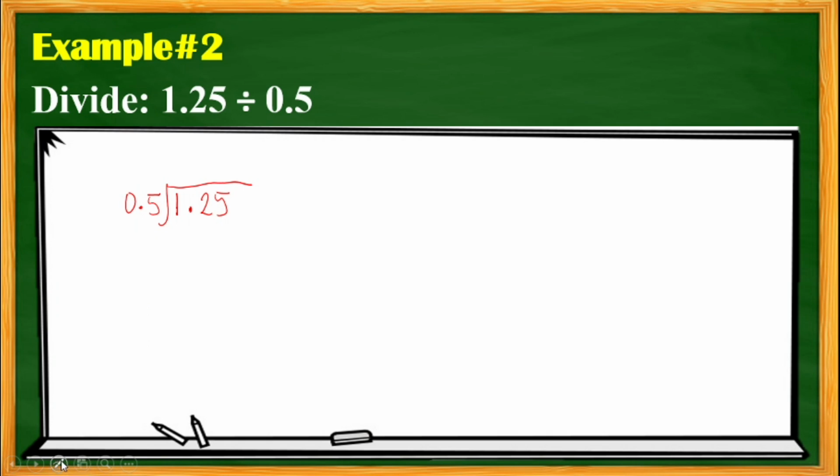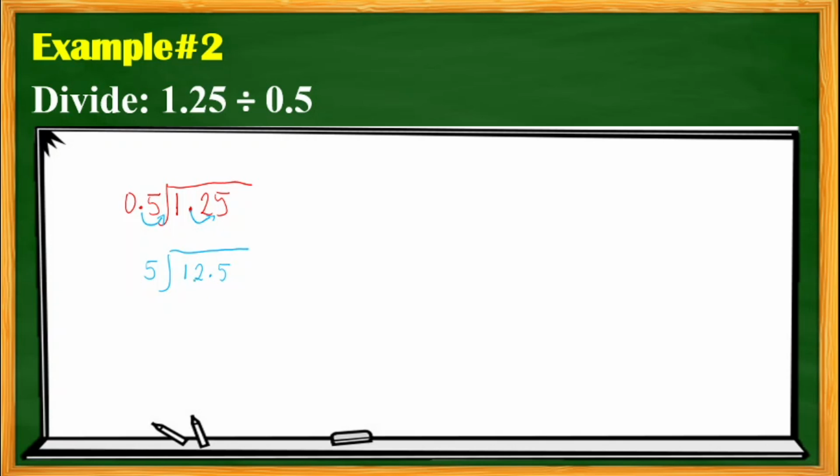Again, make the divisor a whole number. We move the decimal point one place to the right, so it becomes 5. We also move one place in the dividend, so it becomes 12 and 5 tenths.